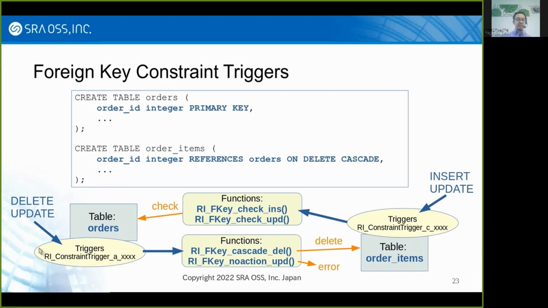And when a record in the orders table is deleted or updated, such a trigger is fired, and such functions are executed, and if needed, the records in order_items are deleted, or maybe an error is raised, and the transaction will be aborted.